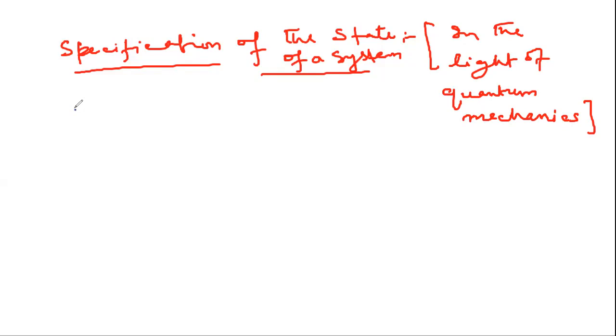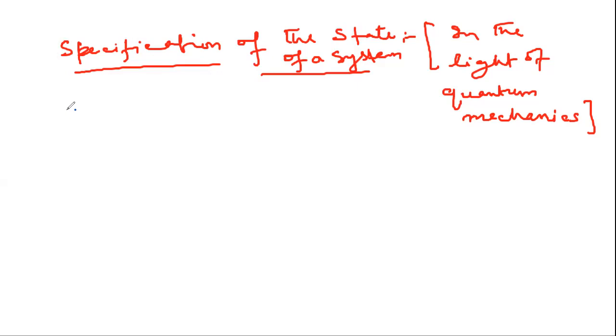So what is the idea of specification of the state of a system in the light of quantum mechanics? Let me give you an example first. First, you need to know that we specify the state of a system in many ways. For example, in classical mechanics, we use the idea of phase space, where the state of a system of f degrees of freedom is specified by f generalized coordinates and f corresponding generalized momenta.